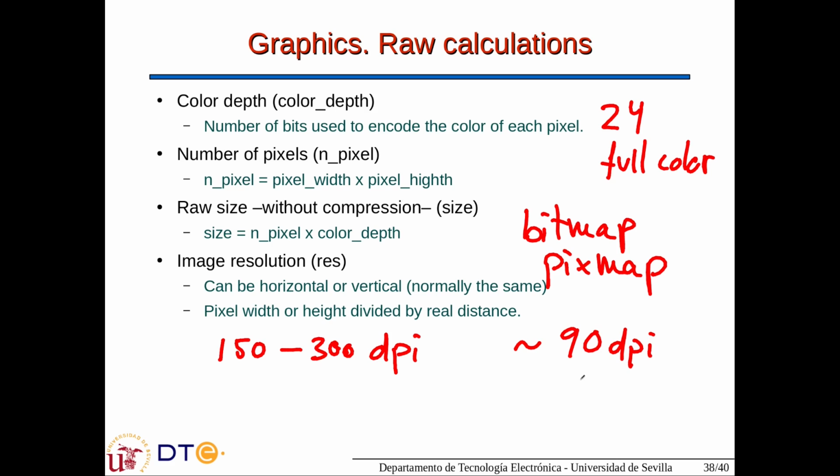Okay, so this is more or less what you have. If you know the size of the image you want to print, or to represent, and if you have the resolution, then you can calculate the horizontal number of pixels and the vertical number of pixels.